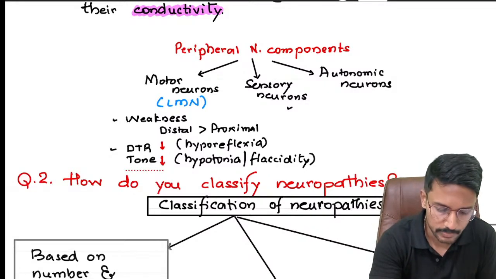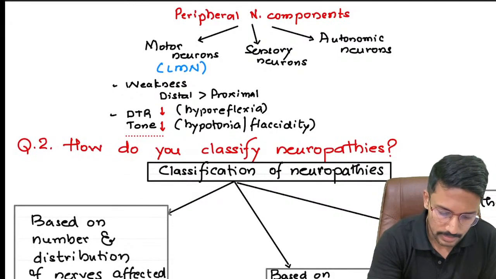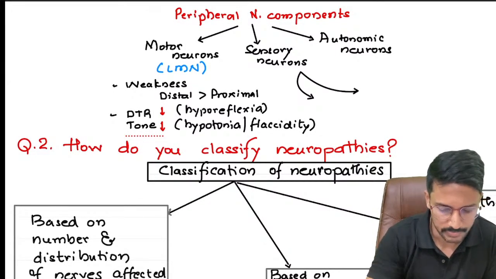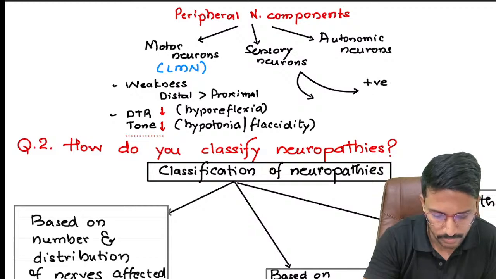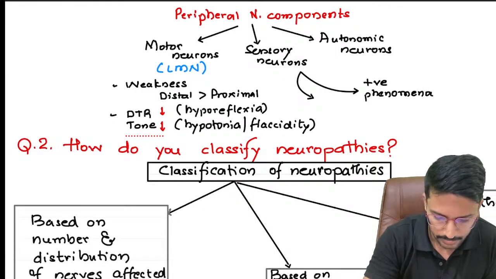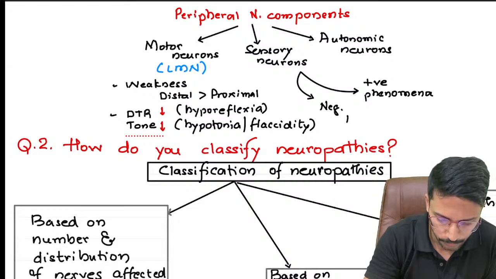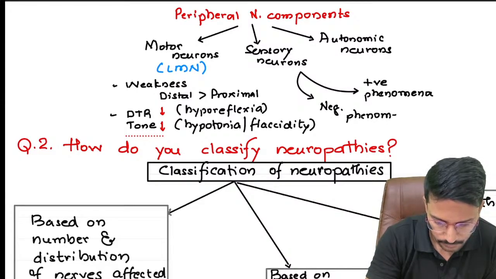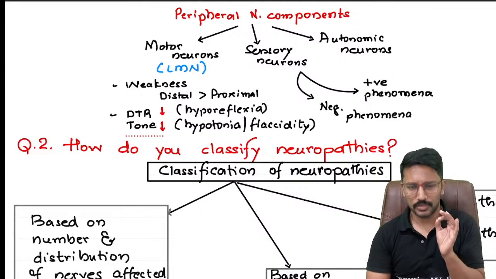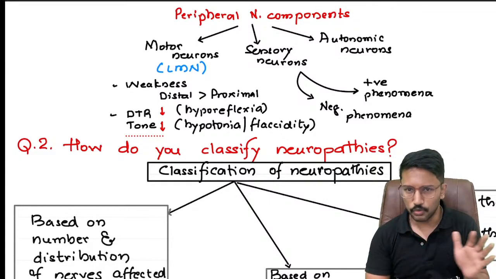So that is why the symptoms of sensory neuron damage we can divide into two groups: one is called positive phenomena, and the other is called negative phenomena. Now, what is the negative phenomenon? Whatever normal function your sensory neurons are supposed to do, they are not able to do it.